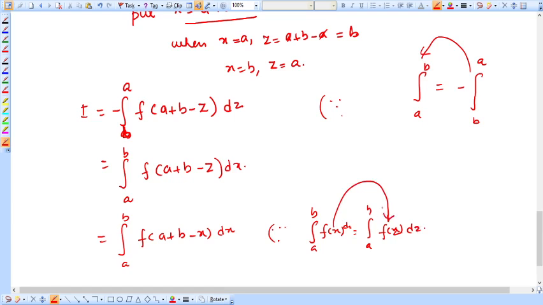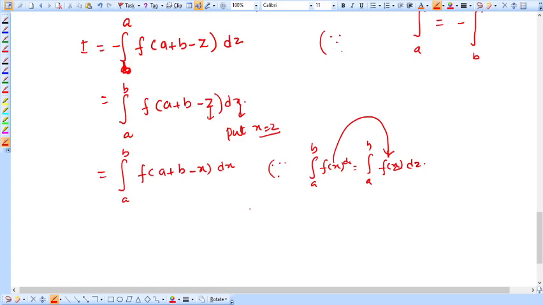You can write any variable in place of x; in place of z you can write y, so here also you can change it to y. How do we achieve this? By putting x is equal to z, simply. The limits will remain unchanged because x is exactly equal to z. So this is the way.